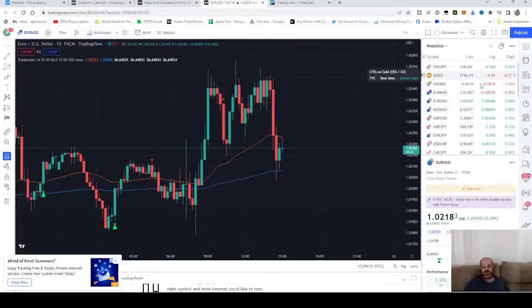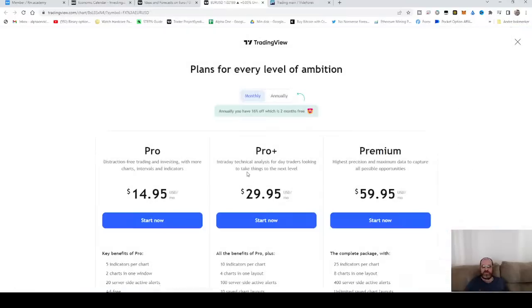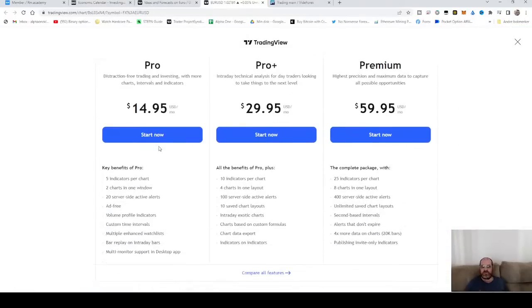So this is something that you can just start using today, and best of all, it's free if you follow. But if you want a pro plan, let's see how much it costs. You can see we can have 20 server alerts. Basically I think you need 4 server alerts for each pair.